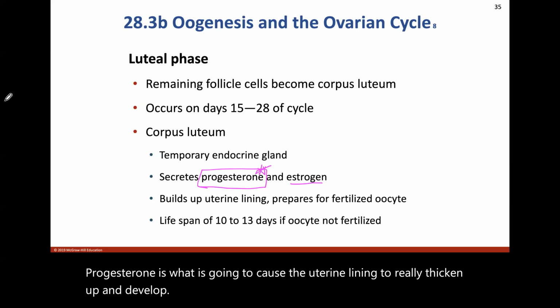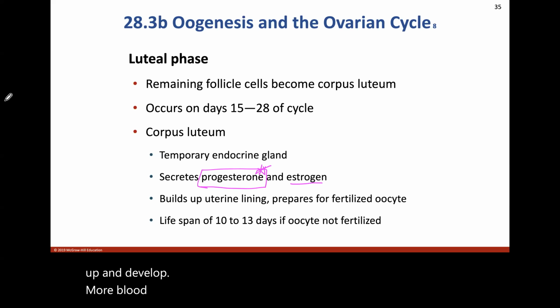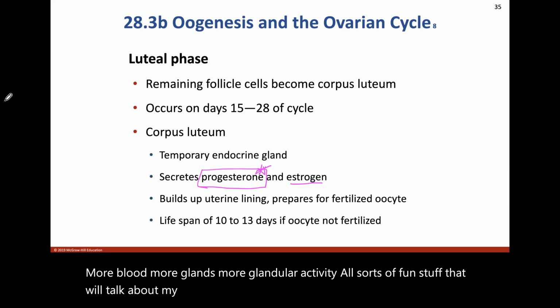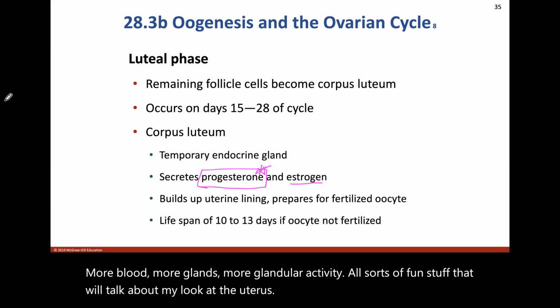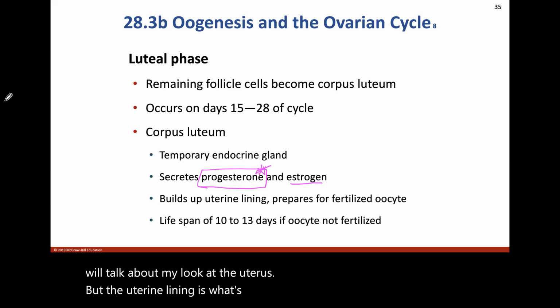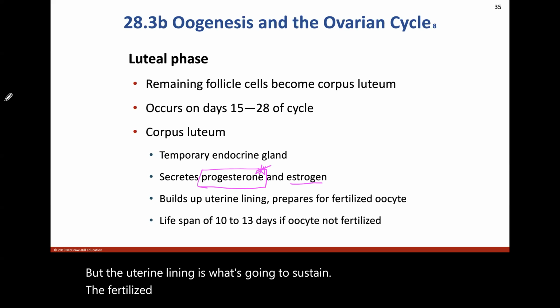More blood, more glands, more glandular activity, all sorts of fun stuff that we'll talk about when we look at the uterus. But the uterine lining is what's going to sustain the fertilized egg until we can get that placenta developed.